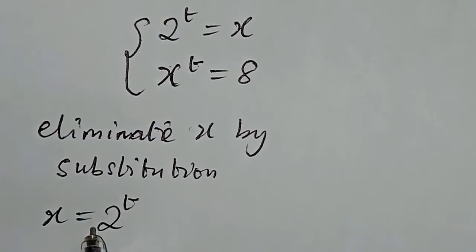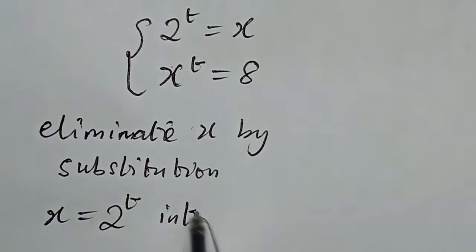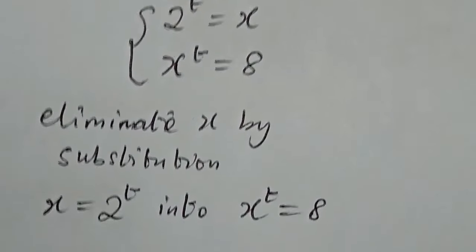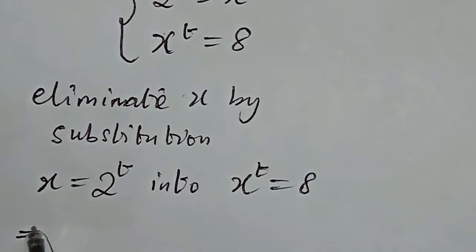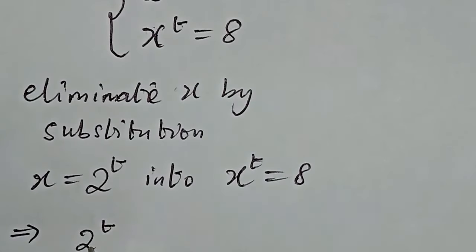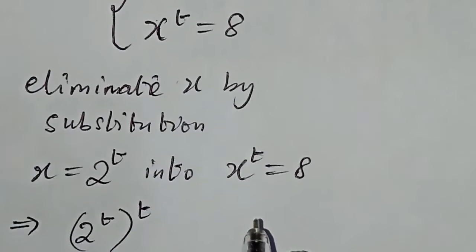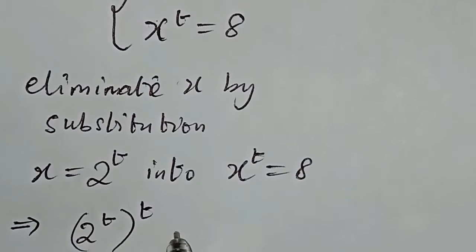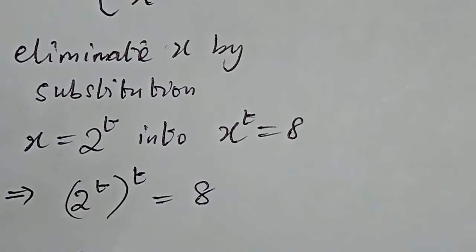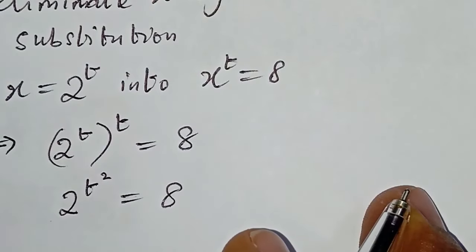We say x equal to 2 to the power of t, we substitute that into x to the power of t equal to 8, and that becomes 2 to the power of t, serving as x, raised to the power of t equal to 8. So we can multiply the exponents. We have 2 to the power of t squared equal to 8.